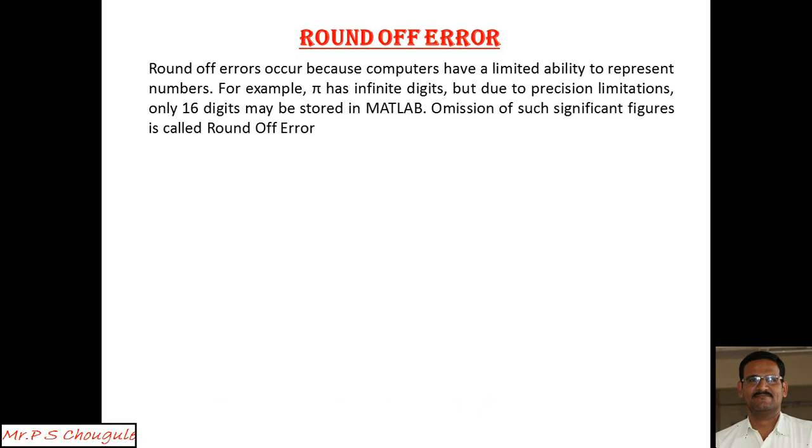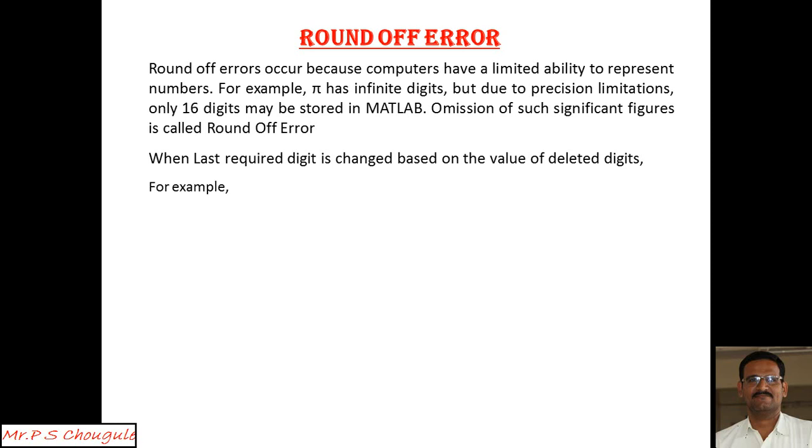What does the omission mean? The last required digit is changed based on the value of the deleted digits. I will tell you what that means. We will take the same example, 38 divided by 28. Now suppose we need 4-digit accuracy, that is, after the decimal point we need 4 digits.